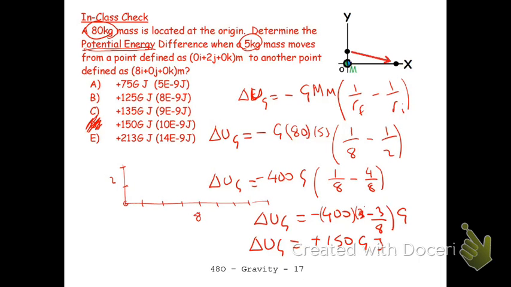Now I'm going to talk about it. So, hold on. Where did I say? It says determine the potential energy difference when a 5 kilogram mass moves from a point that's at 2 to a point that's at 8. Now, let's talk about this gravitationally. Your Ug increases as you go higher, is that right?